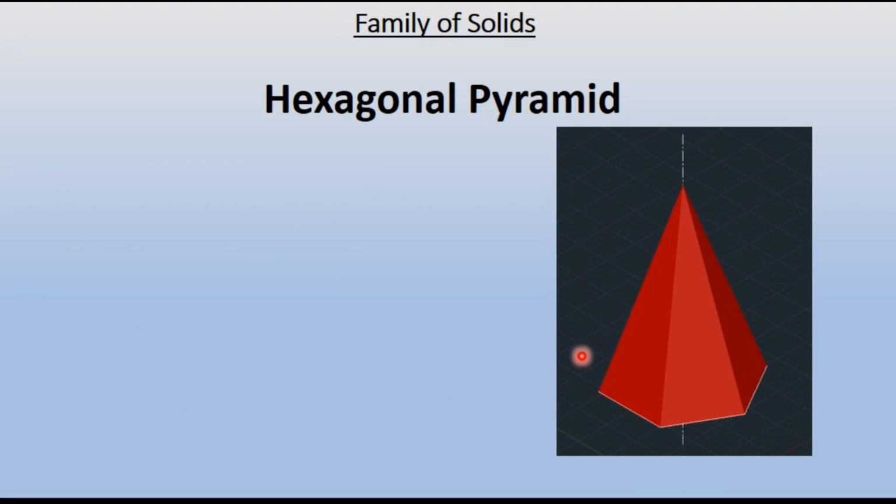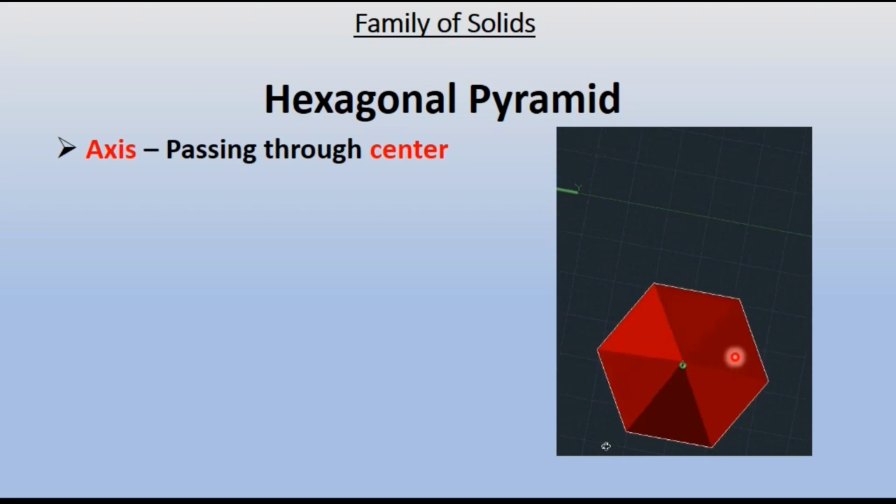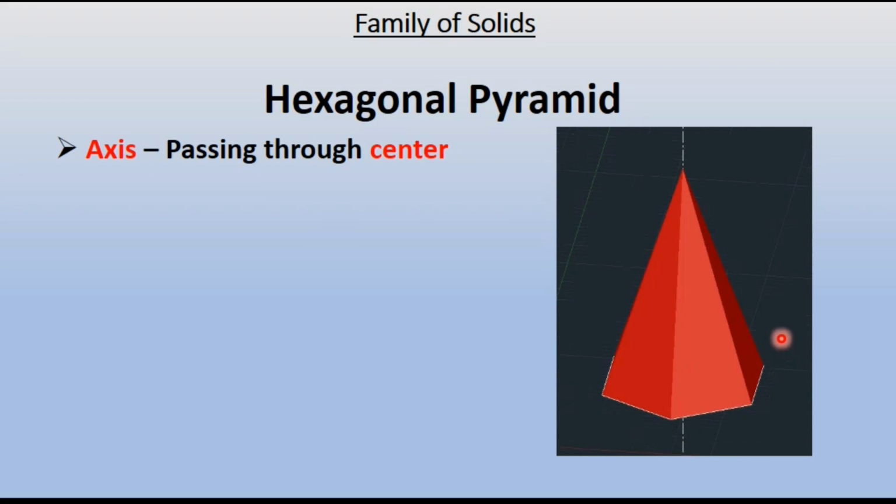Now you have the last solid which we are going to cover, that is hexagonal pyramid. As you can see here, this is also an important solid. Here you can see that when you view from the top, it will look like a hexagon.